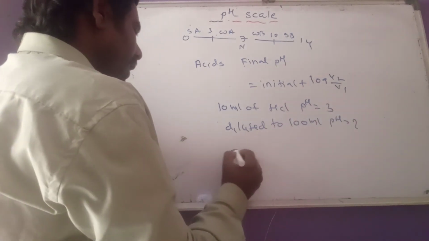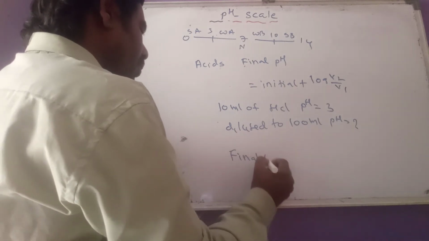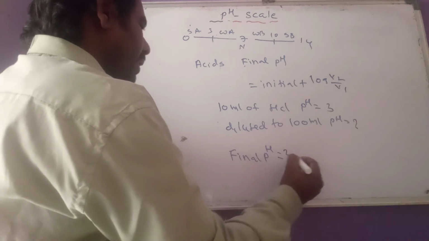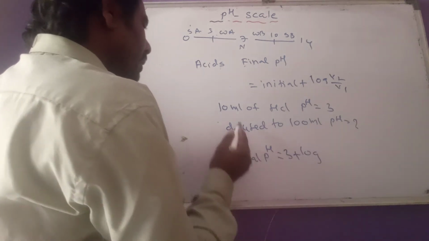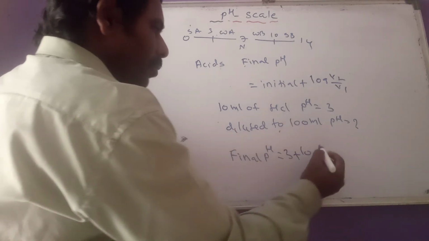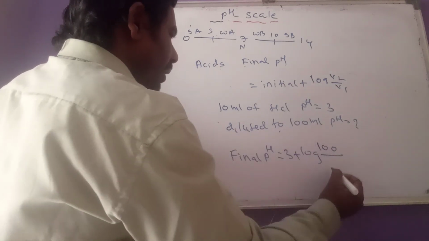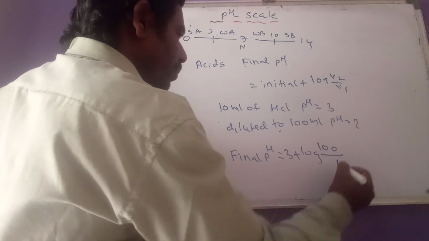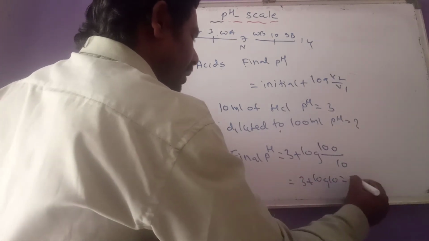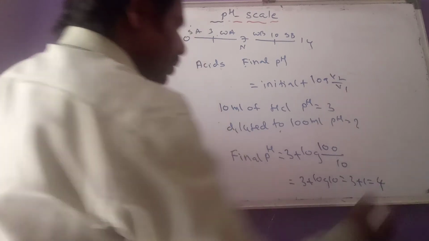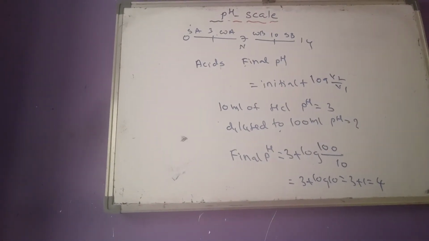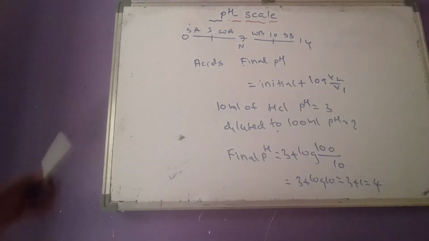Now the final pH equals the initial pH, which is 3, plus log V2, the final volume 100 ml, by the initial volume 10. That means 3 plus log 10. Log 10 value is 1. So the final pH is 3 plus 1, which is 4. Like this we have to calculate.